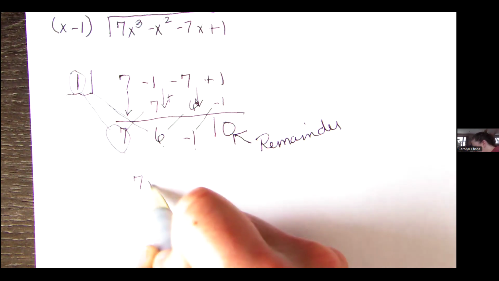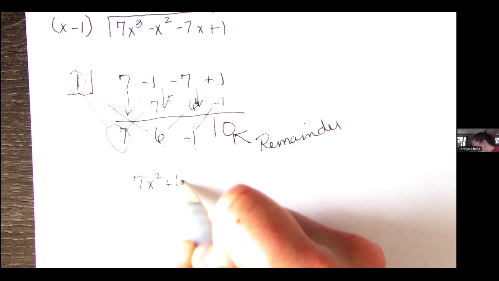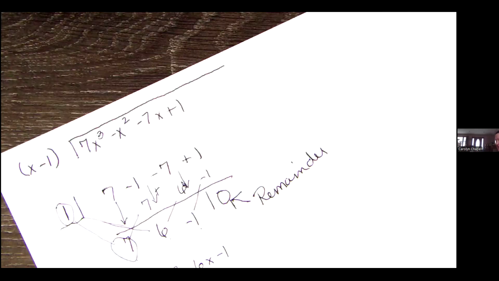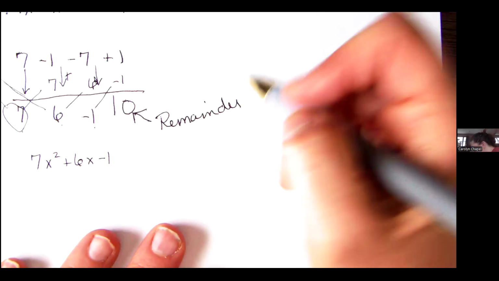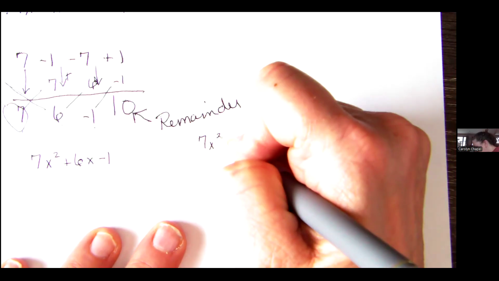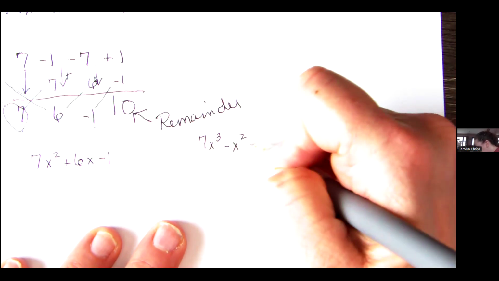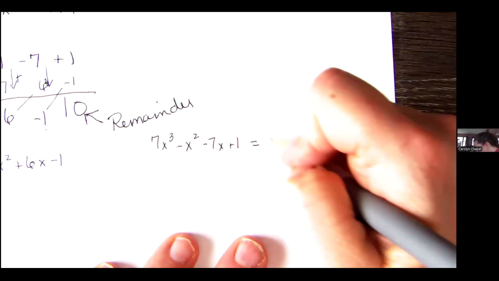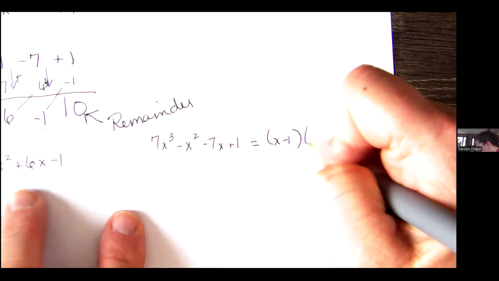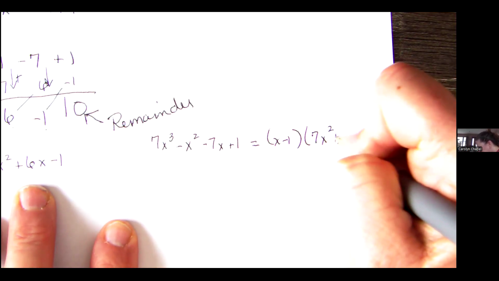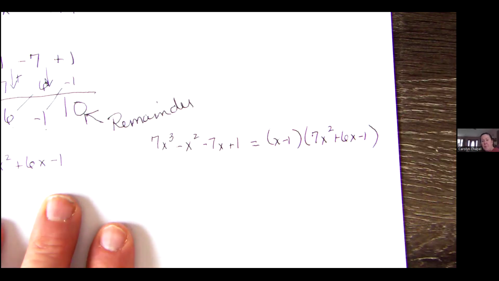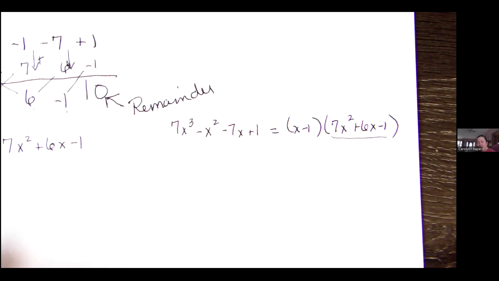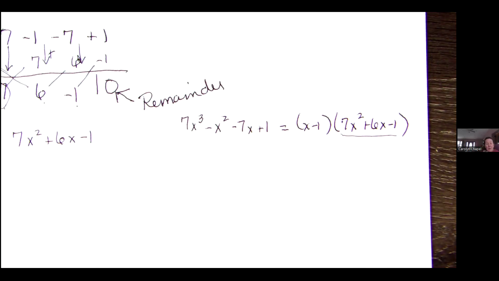So 7x squared plus 6x minus 1. What I have just done is rewritten 7x cubed minus x squared minus 7x plus 1 as x minus 1 times this piece here. Now I'm going to get my other zeros from that piece, which is a quadratic.